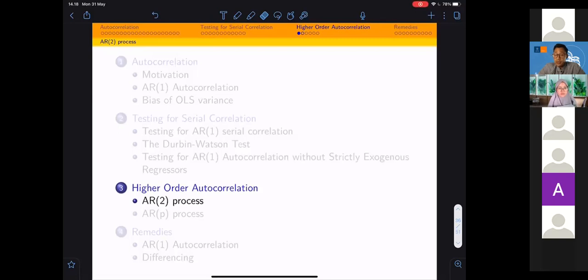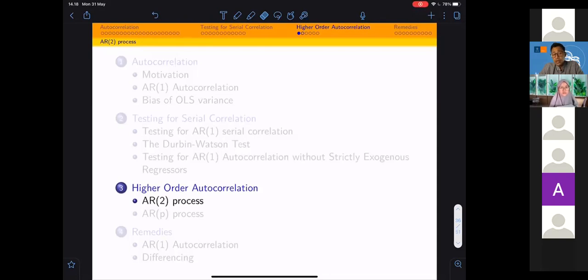However, it's very much possible in empirical work that we're going to have higher order autocorrelation. And so recall that in the earlier part of the lecture, we can try to identify what's the optimal lag length. Is it lag 1, lag 2, or lag 3, given empirical data using the information criteria.